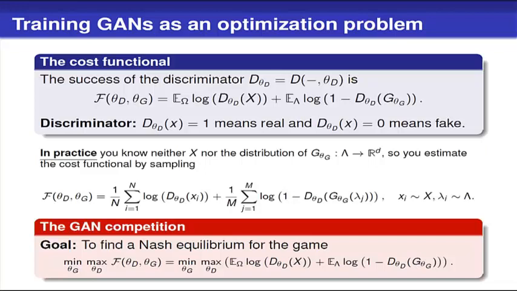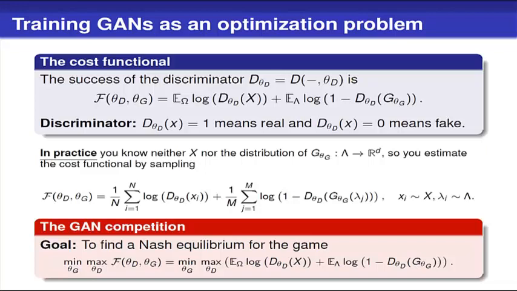On the set of real samples, you want to maximize this term, and on the set of generated samples, you want to minimize this term or maximize this term. So the aim of the discriminator is to increase this function, and the aim of the generator is to decrease this function.